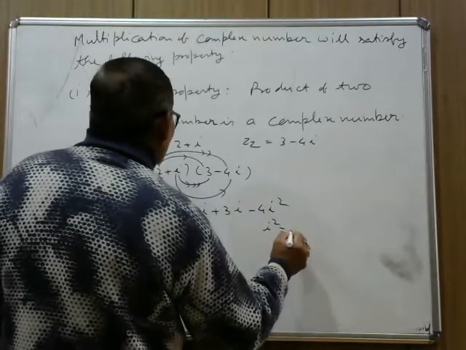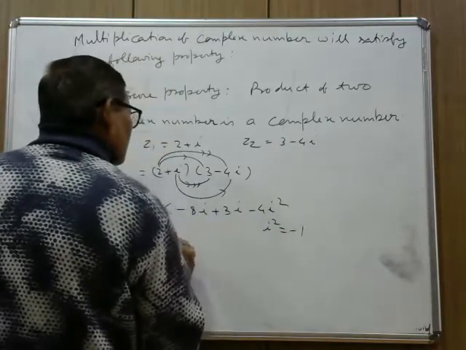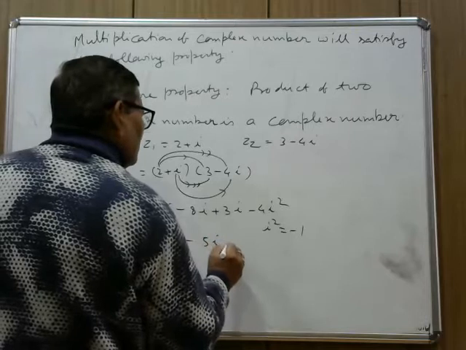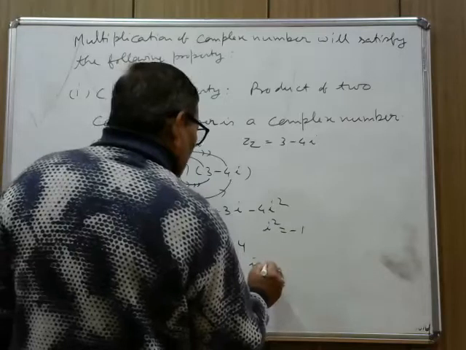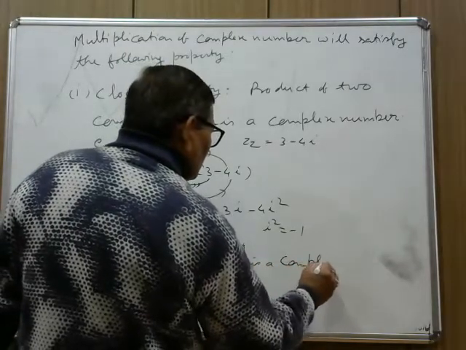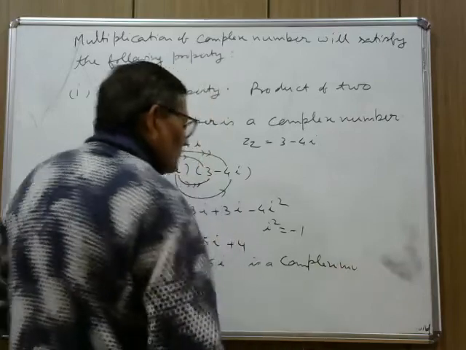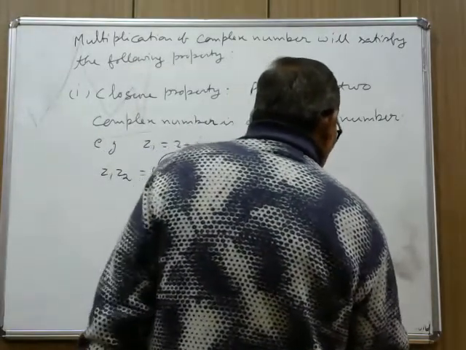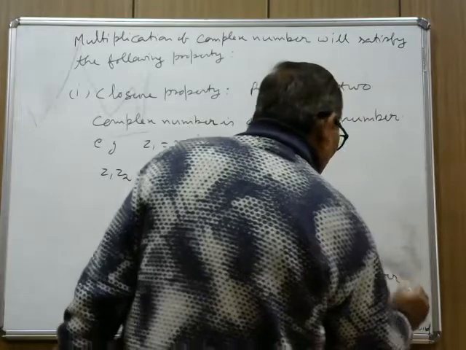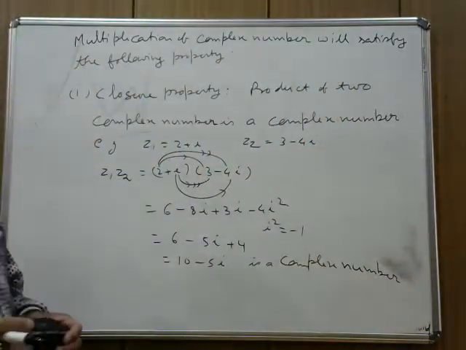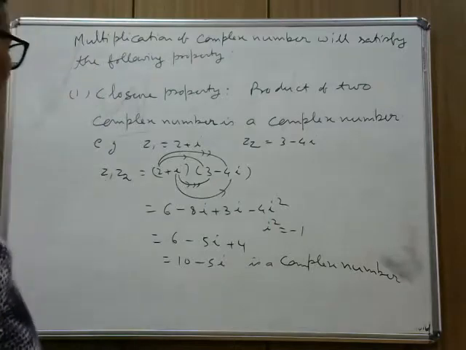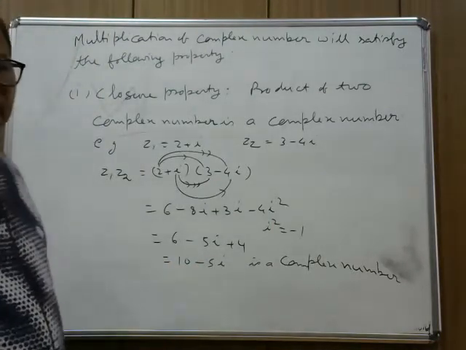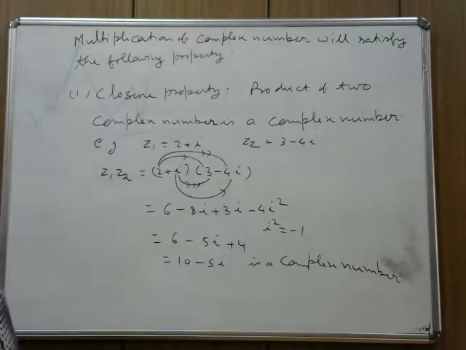Put i square equal to minus 1. So it is 6 minus 5i plus 4, which is equal to 10 minus 5i, a complex number. So you have seen that the closure property is satisfied in the product of two complex numbers. When you take Z1 and Z2 as two complex numbers, their product is again a complex number, and this type of property is known as the closure property.